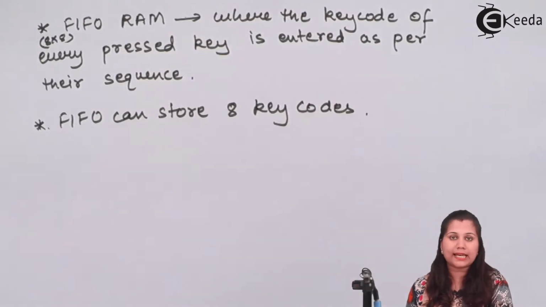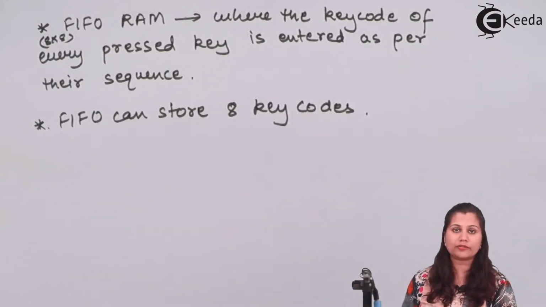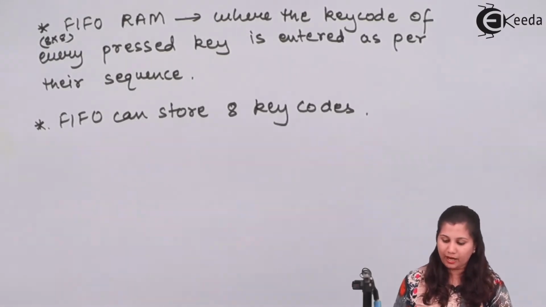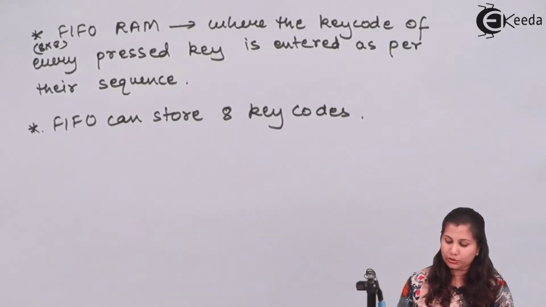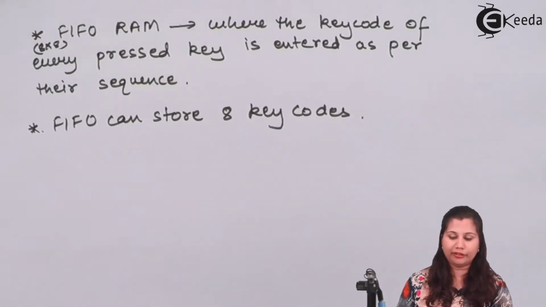And these 8 key codes, the key codes along with the status of the shift and the control key, are also stored in the FIFO RAM. Okay, so the key code along with the status of the control and the shift key are simultaneously stored in the FIFO RAM.